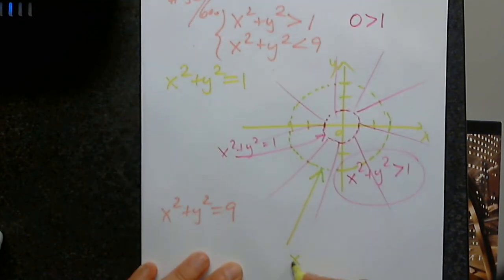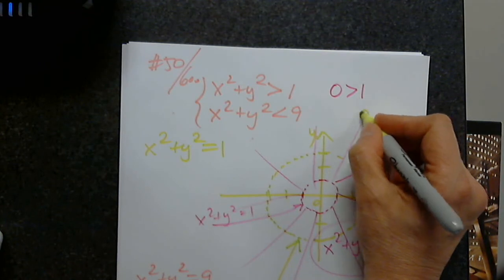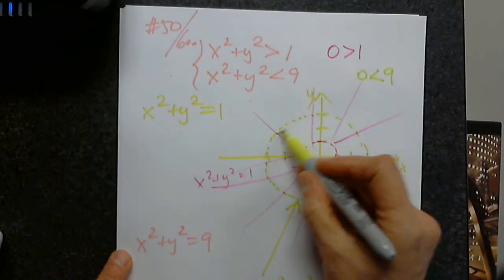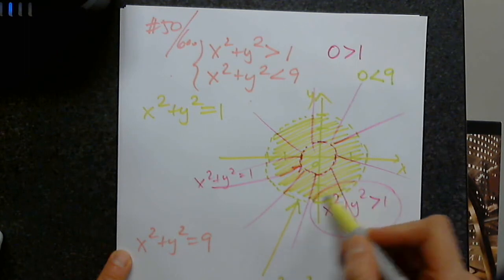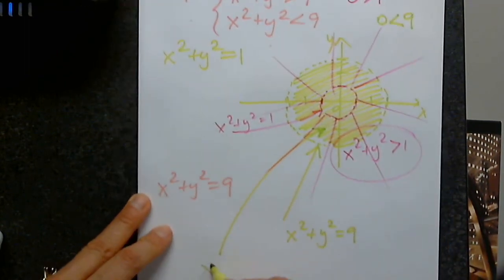This is only x squared plus y squared equals 9. I plug in (0, 0), checking the inside. Is 0 less than 9? If you say true, I will shade in the inside. If you say false, I will shade in the outside. True, very good. So this is x squared plus y squared less than 9.